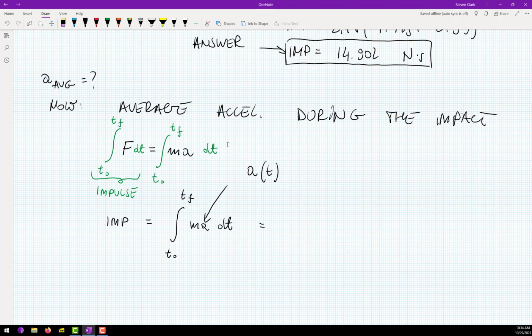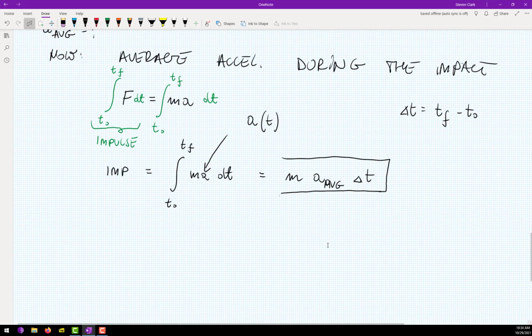And that expression is following: m a average times delta t, where delta t is obviously t final minus t0. So we can replace that integral with this expression.